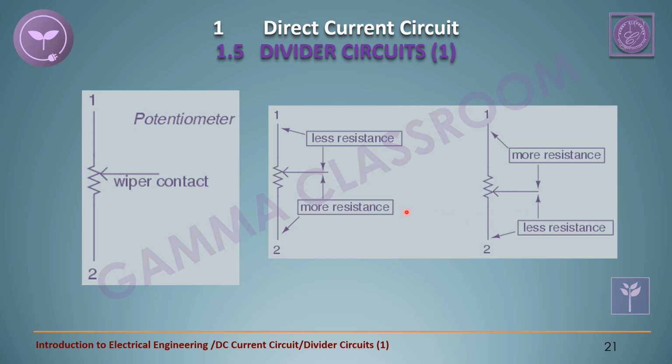This is the divider. You can adjust the wiper and get any voltage you want between the two points.